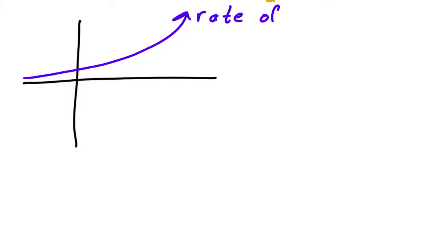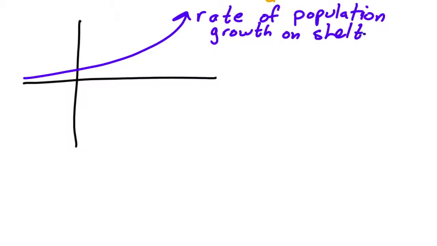For example, let's say we have a function right here, and this is the rate of population growth on Shelter Island, let's say. Some random island. Let's call it R of t.